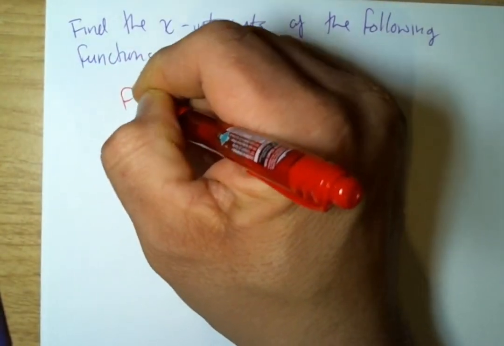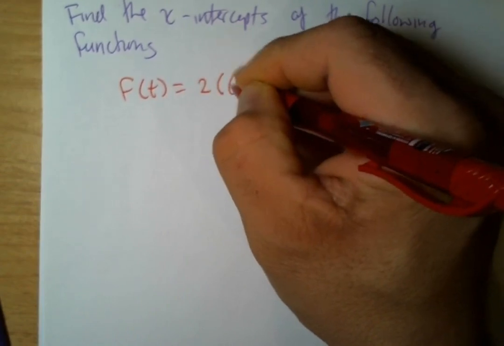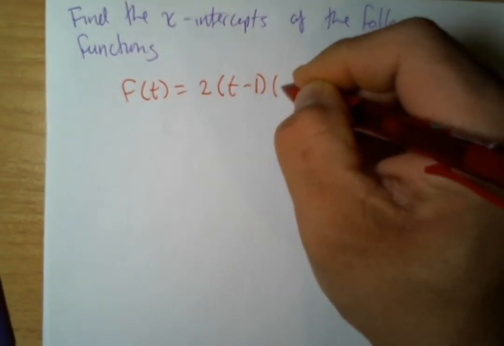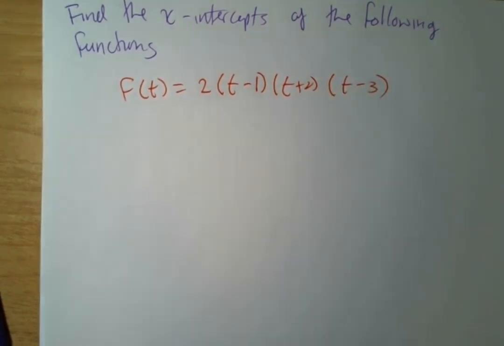So let's say we had a function in terms of t: f of t equals 2 times t minus 1, t plus 2, t minus 3.